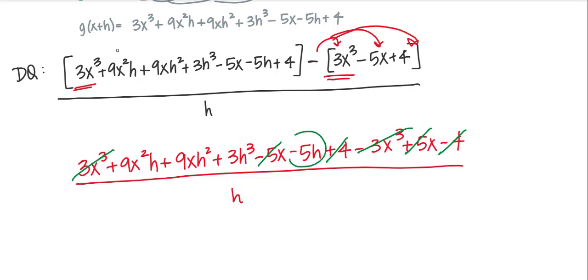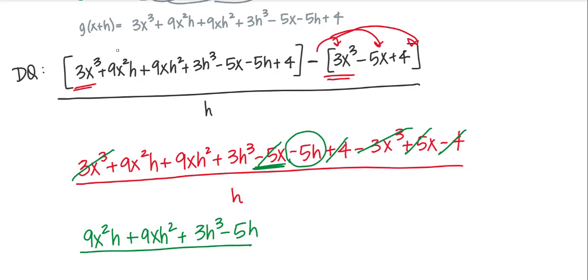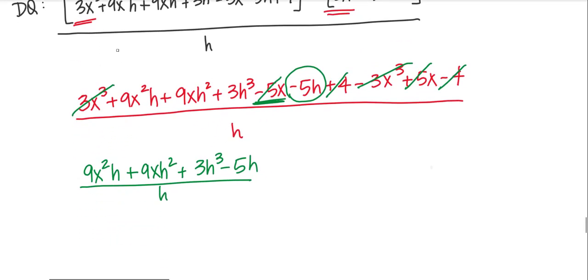I don't want to lose this -5h though, so I circle it, because everything else after this -5x got added to 0, but I don't want to lose that -5h. So I'll write down what I have left here: 9x squared h plus 9xh squared and a 3h cubed and the -5h. Don't forget about that. And it's all over h.